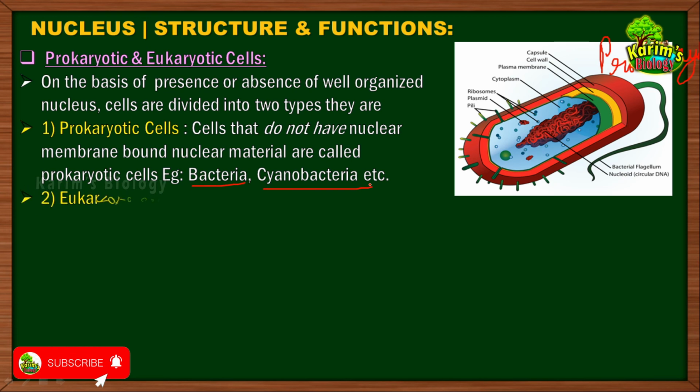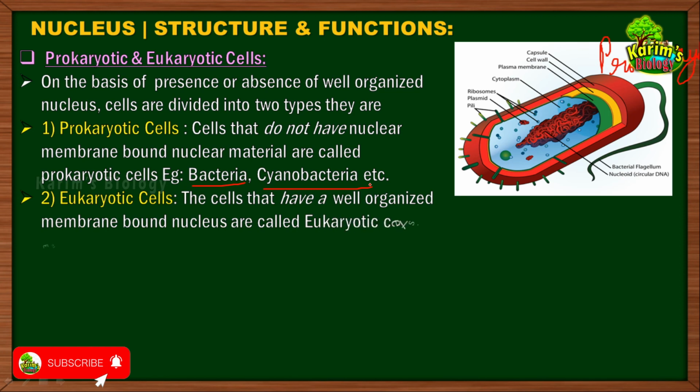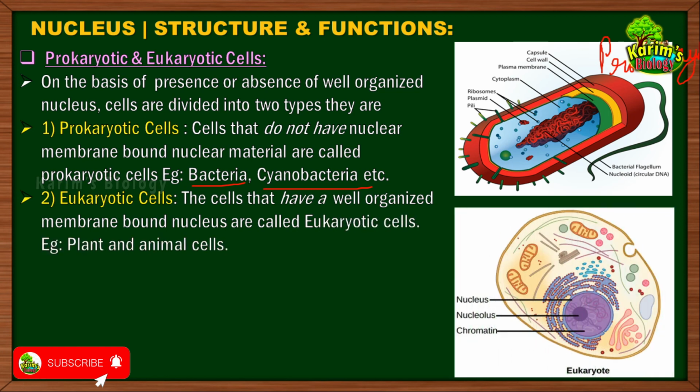And the second category of cells are called eukaryotic cells, and eukaryotic cells are highly advanced when compared to prokaryotic cells. Then let us see what are eukaryotic cells. Eukaryotic cells are the cells that have a well organized membrane bound nucleus. Let me repeat, the cells that have a well organized membrane bound nucleus.